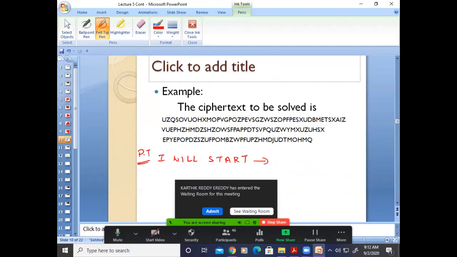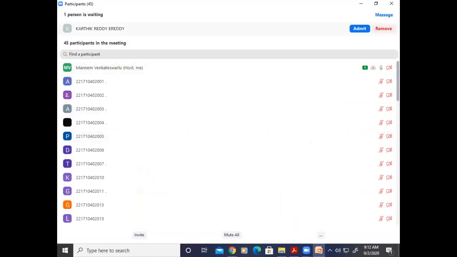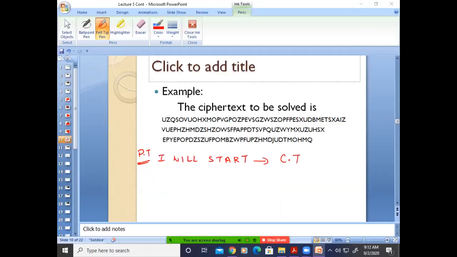So how can we get the ciphertext? Can anyone tell? How can I find the ciphertext from this plain text in a monoalphabetic cipher? Respond, please.